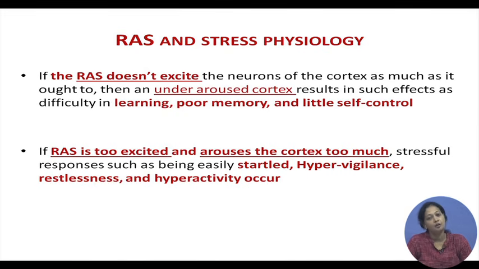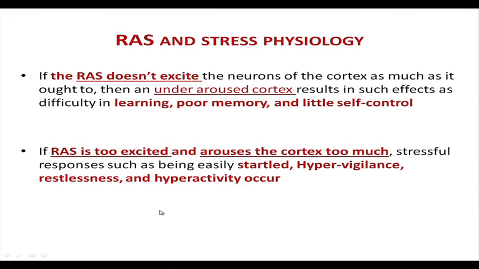That is, an individual may be easily startled, may become hypervigilant, may be restless, and also be very hyperactive. Now, as you understand, the over-arousal of the reticular activating system thus is very much related to the vigilance response or the over-arousal responses that happen during a stressful situation.